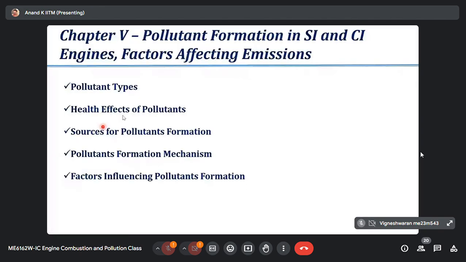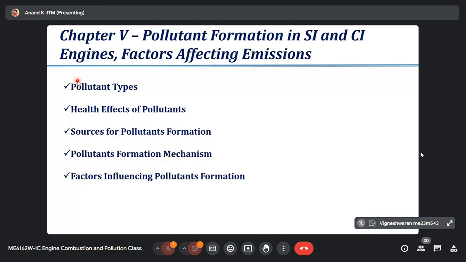Okay, so welcome back. We are in the first chapter of the second module, the emission module, which is about pollutant formation in SI and CI engines and factors affecting emissions. So far in this chapter, we have discussed the types of pollutants. We have various species emitted from IC engines, SI and CI engines.